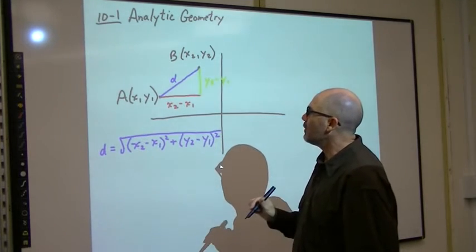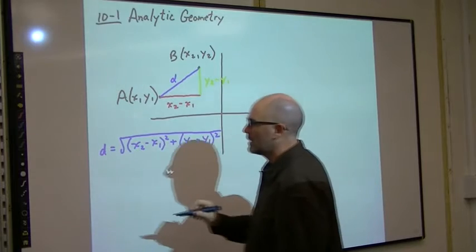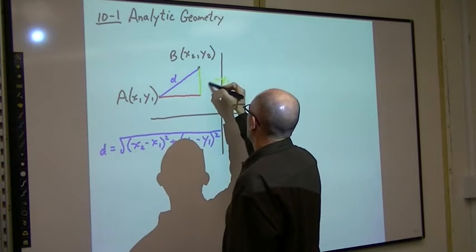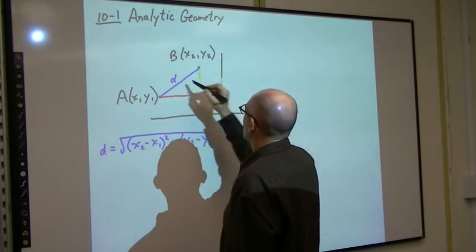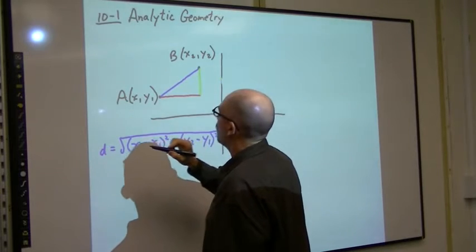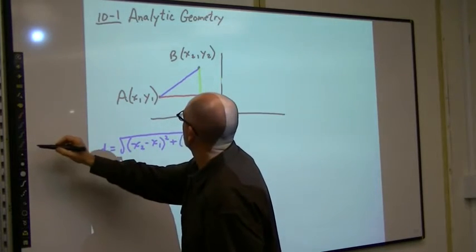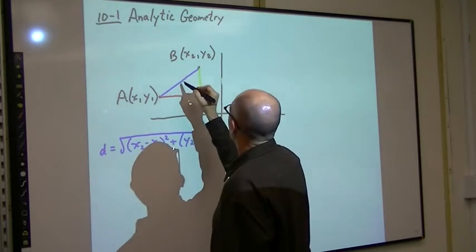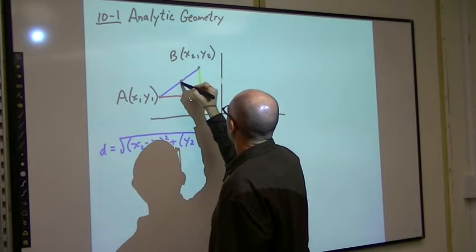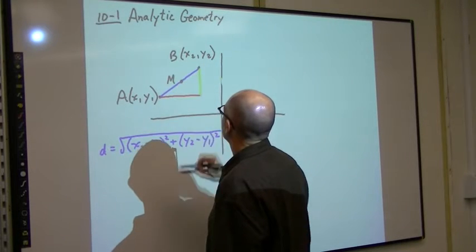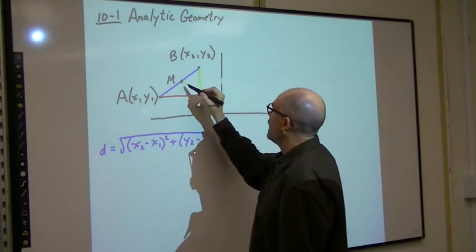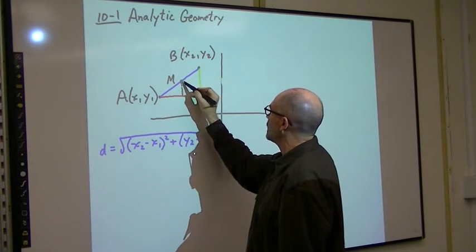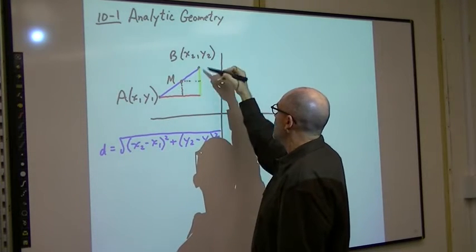The other thing that we want to do is look at the midpoint between 2 points. If I want the midpoint, which we'll make right here, M, well, notice M is going to be the midpoint of the x's and the midpoint of the y's.